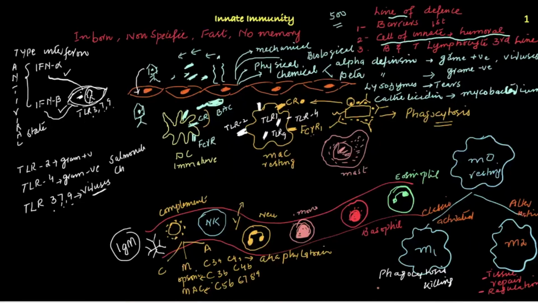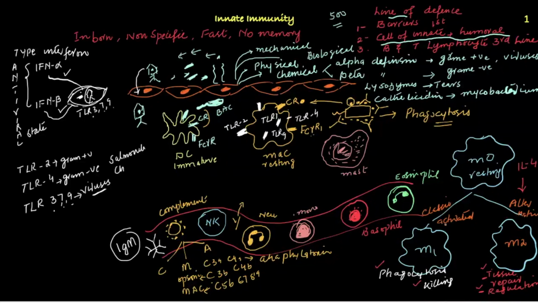The classical macrophage's job is phagocytosis and killing, while the alternative macrophage M2's job is tissue repair and regulation. So when the job is done, the fight is over, these M2 will be activated and they will help in tissue repair and regulation. And the main cytokine that is involved in alternative macrophages is IL-4.